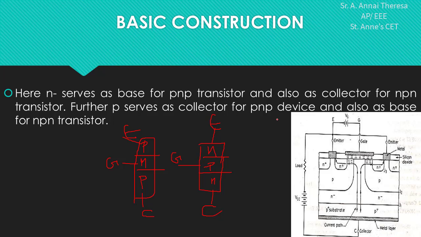So this N acts as the gate in this transistor, and in the other transistor it acts as the collector. So it acts as both collector and gate. Here I have made a mistake, I have written base here, but it is not base, it is gate.